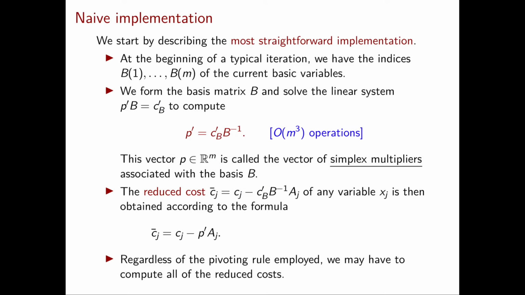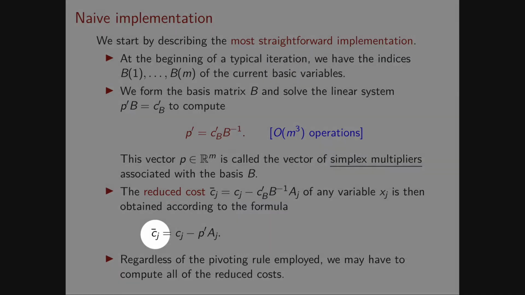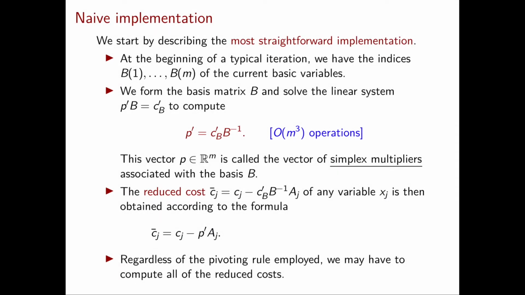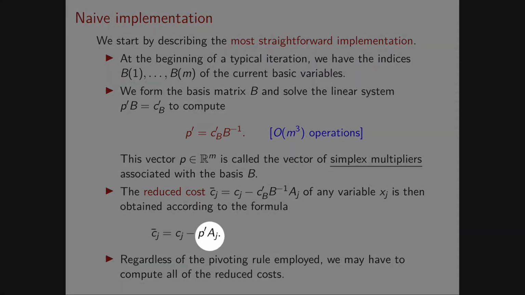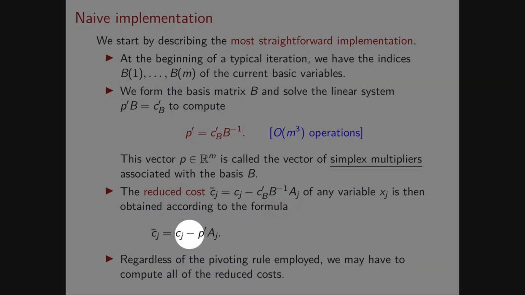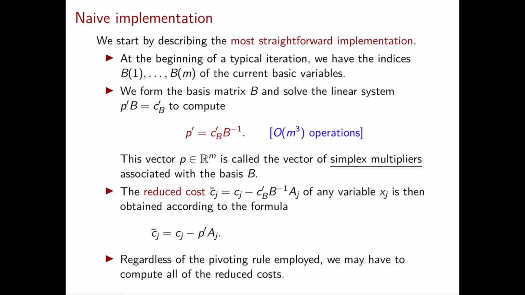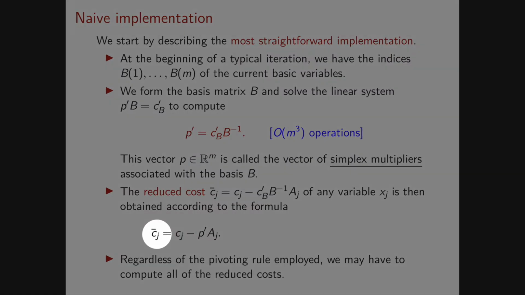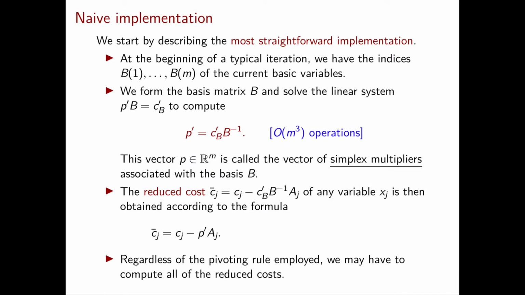So how many operations does it now take to compute one reduced cost c̄j? The first thing we need to do is compute the inner product p transpose Aj. These are two m vectors, so it takes a big O of m. Then we only need one more operation, which is this subtraction. So in total we have a big O of m operations to compute one reduced cost c̄j.